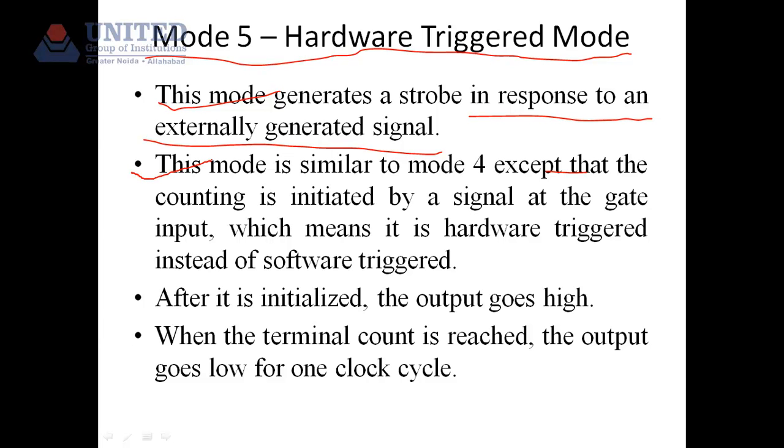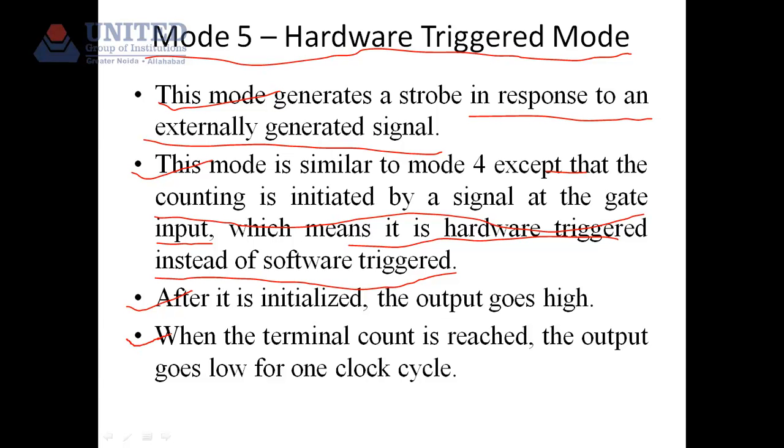So this mode is similar to mode 4, except that the counting is initiated by a signal at the gate input. How is the gate input done? This is by hardware triggering instead of software triggering. Hardware triggering is physical triggering; software triggering is written in a program to be triggered. After it is initialized, the output goes high. Very nice.